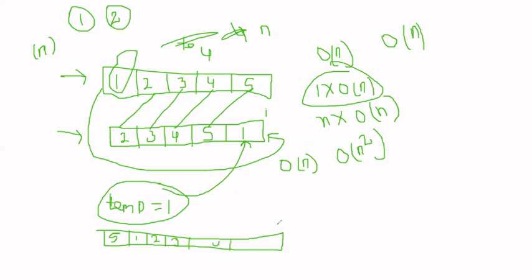Okay, Aryan, I think now you got it. So after performing four left shift operations on this, the time complexity will be 4 into big O of n. For 1 it is big O of n. For 4 it will be 4 into big O of n. So for n operations it will be n into big O of n.